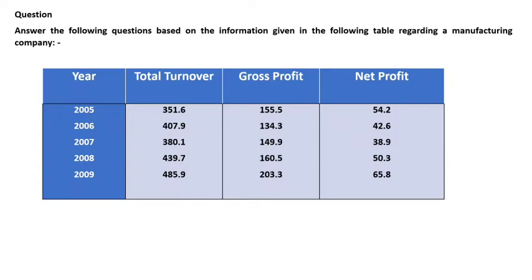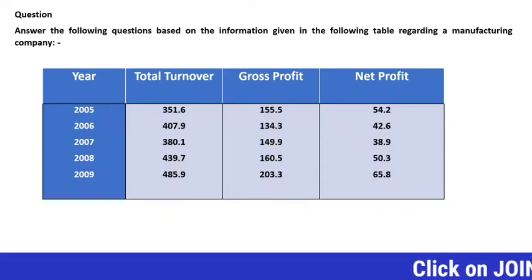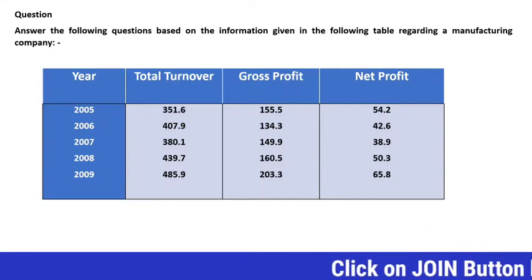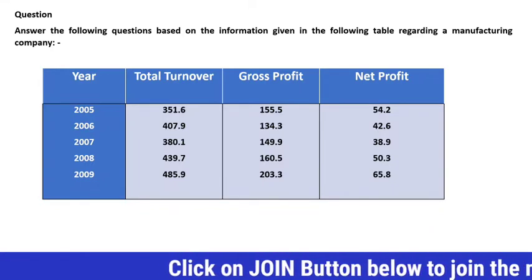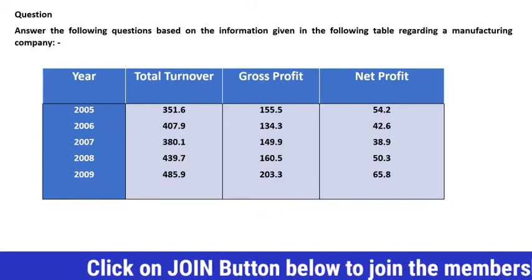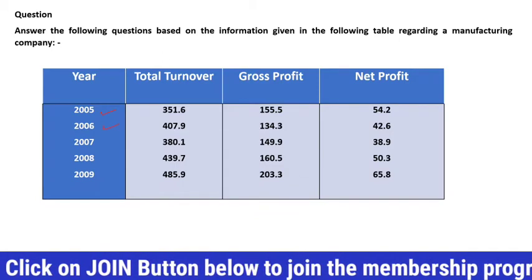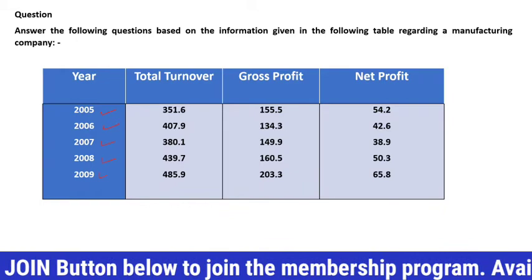So here you can see in the question, year 2005, 6, 7, 8 and 9, and turnover is given, and gross profit is given, and net profit is given. So here you can just have a glance at what all the values are given over the years from 2005, 2006, 2007, 2008 and 2009.